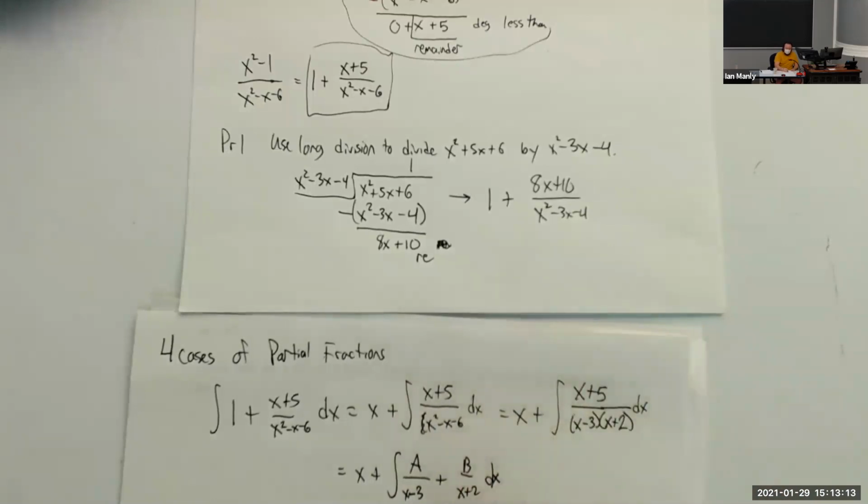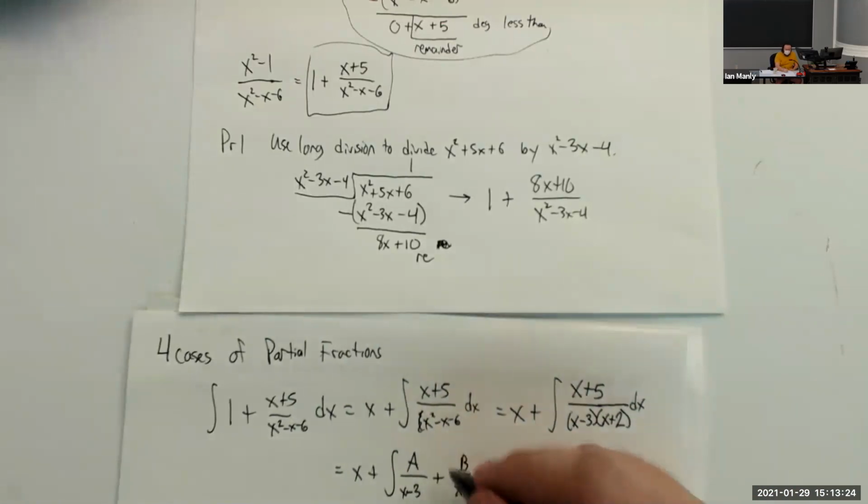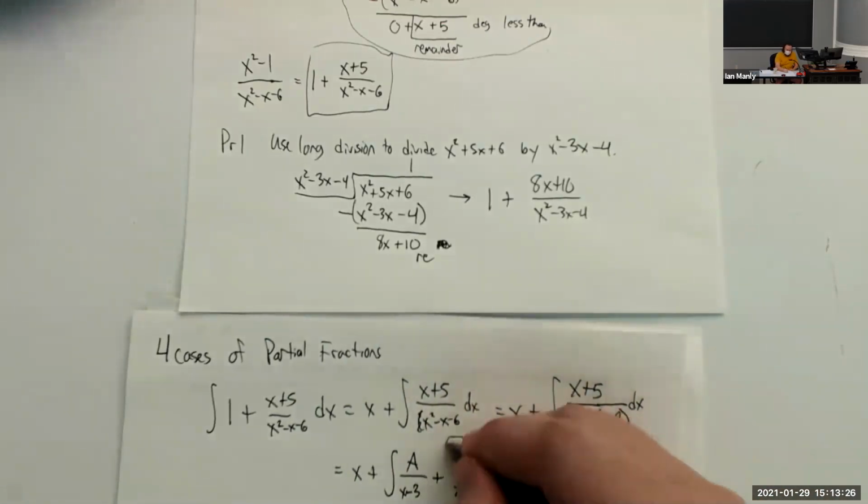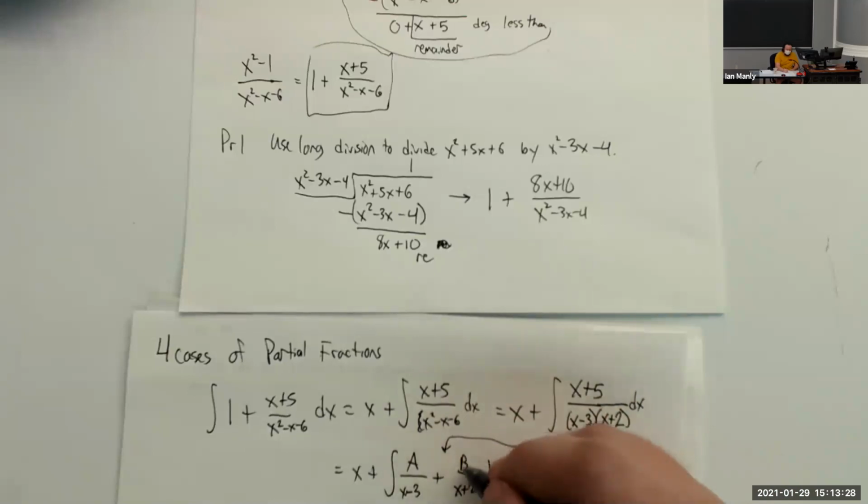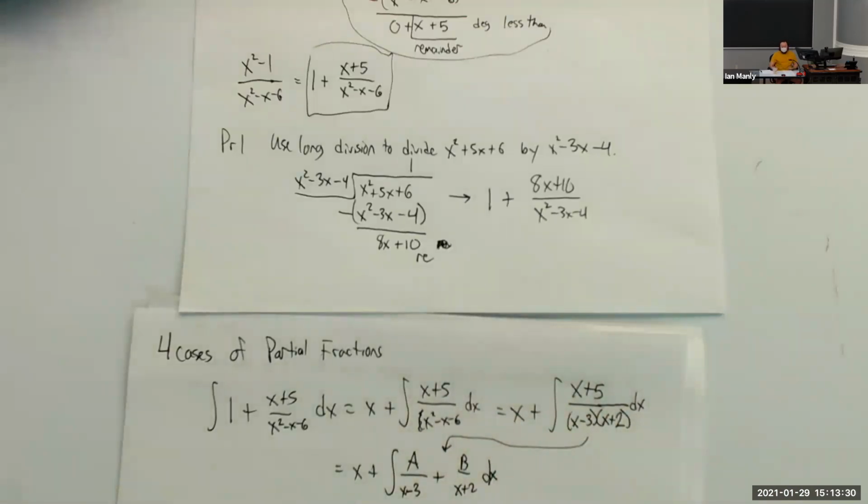Why would we do that? The integral of 1 over x plus or minus a number is simply the natural log of the absolute value of whatever that is. So if we can get to this form, where we have a number over this and a number over that, then we're good to go.